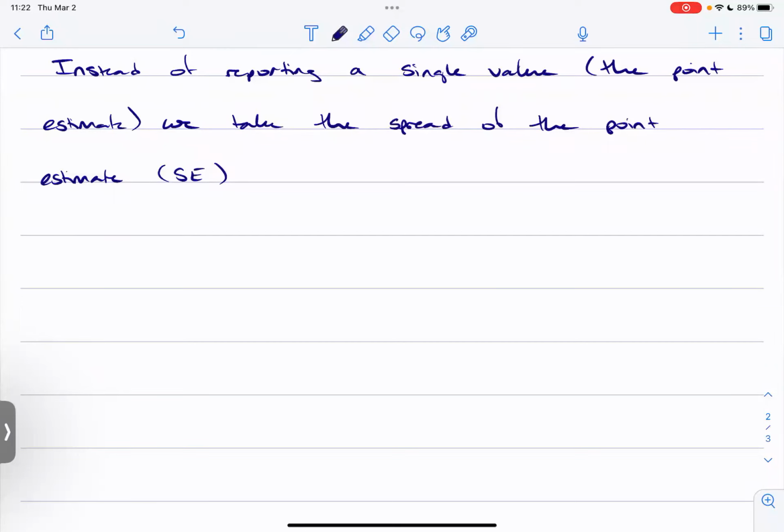So it won't always be p hat, but for now it is.